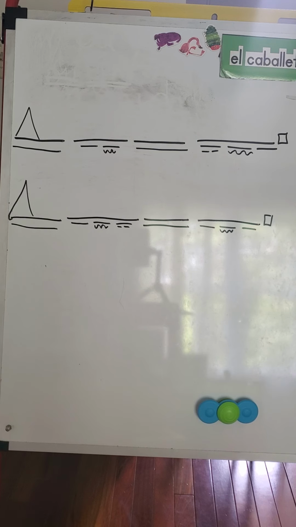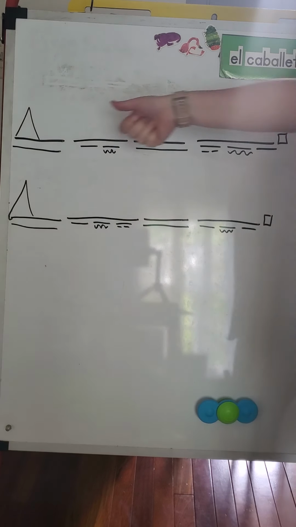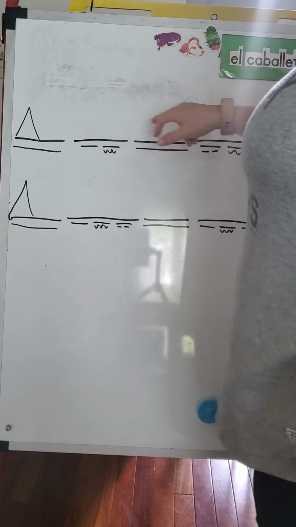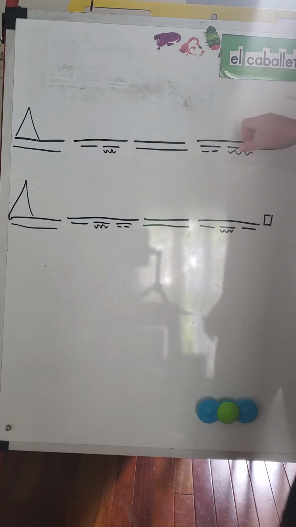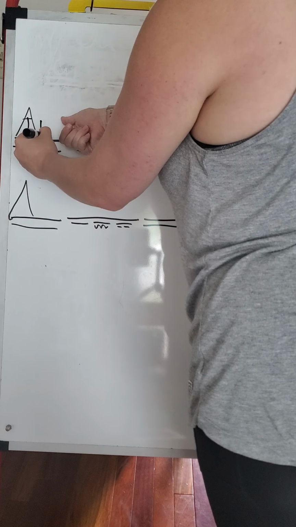So my first sentence is actually going to be OW. And if you want to challenge your kids by figuring out if it's OW or OU, you can do that also. My sentence is: The cow was brown. The is a sight word, and I need to make sure my T is capital.